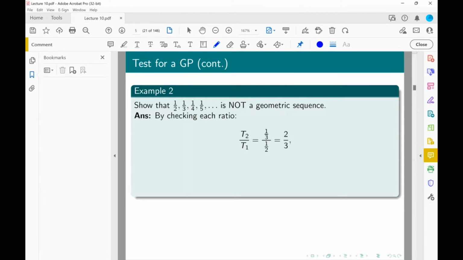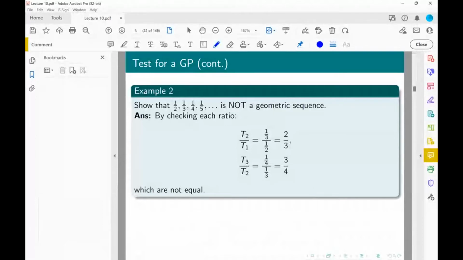So if we check T2 on T1, it's a third on a half, which is really 2/3. If we divide by this fraction, we would multiply by the reciprocal. So it's really a third times 2. And even just taking the next one over, this becomes 3/4, a quarter on a third.